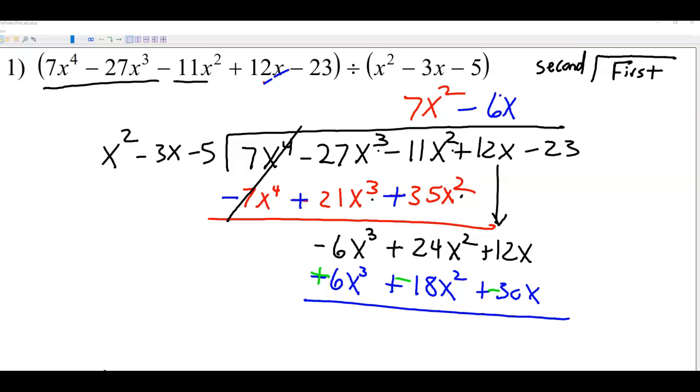Okay, so negative 6 plus 6 is 0, right? And so those go away. Next we have 24, Vidal. 24x squared minus 18x squared. So we're going to do 24 minus 18. 6x squared. And then finally we have 12 take away 30.